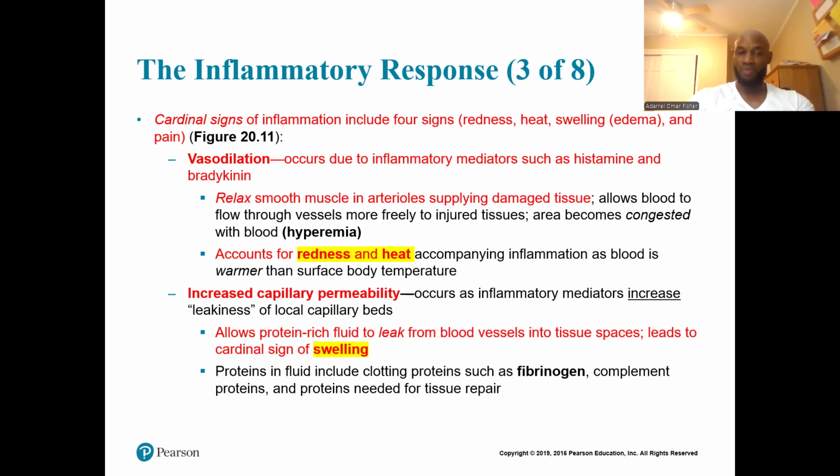So the redness, more blood; heat, more blood; more fluid leaking from the blood, your proteins that are in your blood plasma leaking into that interstitial space, the space between the cells and the tissue: swelling, edema. Proteins in the fluid include clotting proteins such as fibrinogen, and complement proteins. Remember, those complement proteins can start that immune response.